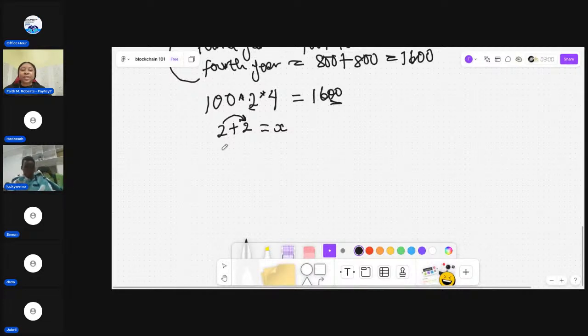Another form of variable can be x plus 2 is equal 5. And now, how do you know what x is at this point? You have to solve this equation to know what x is. You need to solve this expression to know what x is.